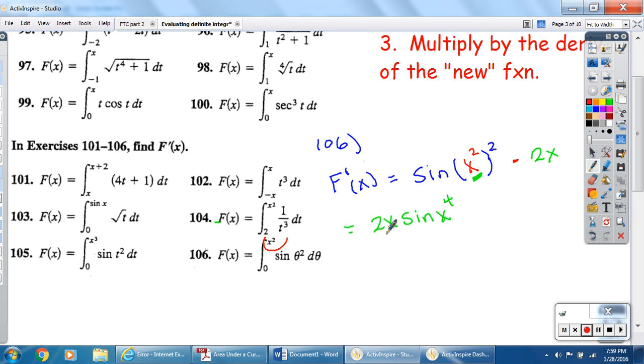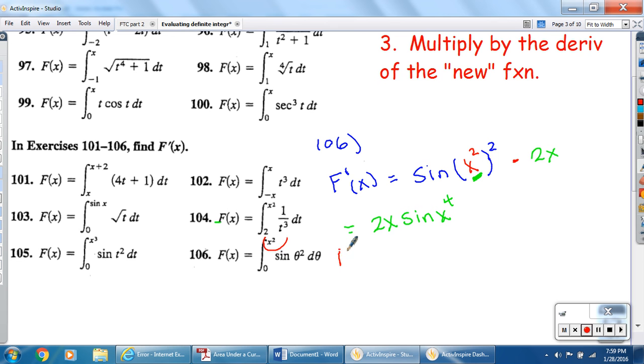And so when I'm finding the second derivative, I'm going to need the product rule as well as the chain rule. So this is my first function and this is my second function. So I have the first, 2x, times the derivative of the second. Now pay attention when I take the derivative of sine x to the 4th. It's a chain rule. The derivative of the outside is sine. The derivative of sine is cosine of the angle.